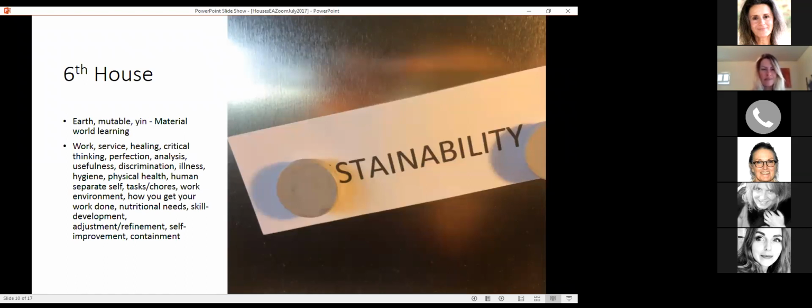The sixth house is kind of where we go through this whole filtration process of, what belongs, what doesn't belong. So this is where we have work, service, physical health, chores, how you get your work done, nutrition. In some respects, these are the more mundane aspects of life. But we're here living on this plane.